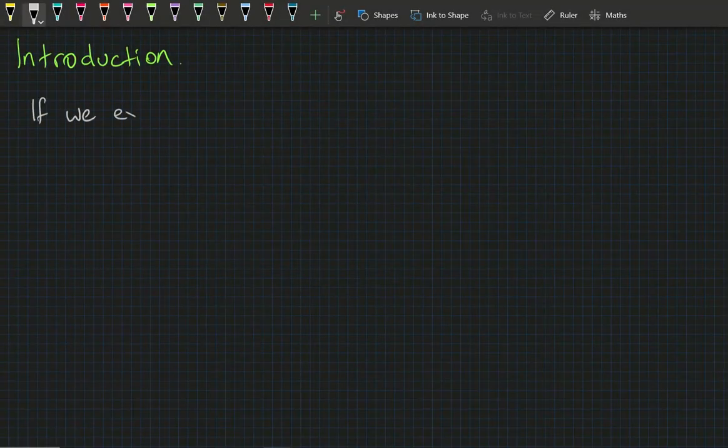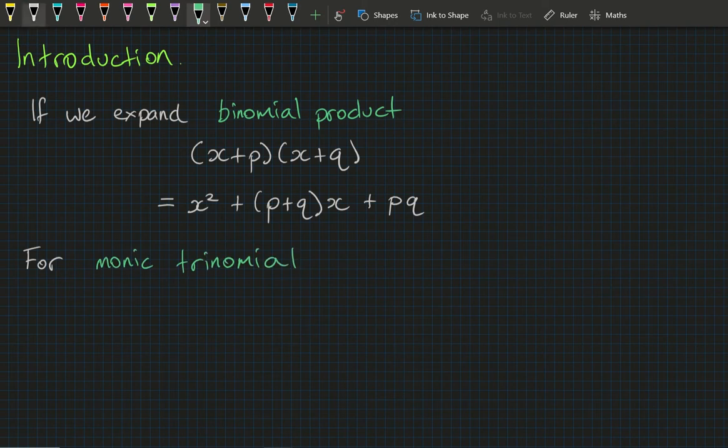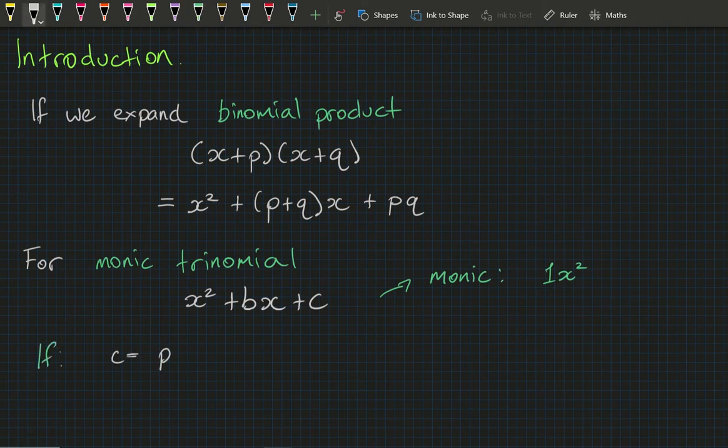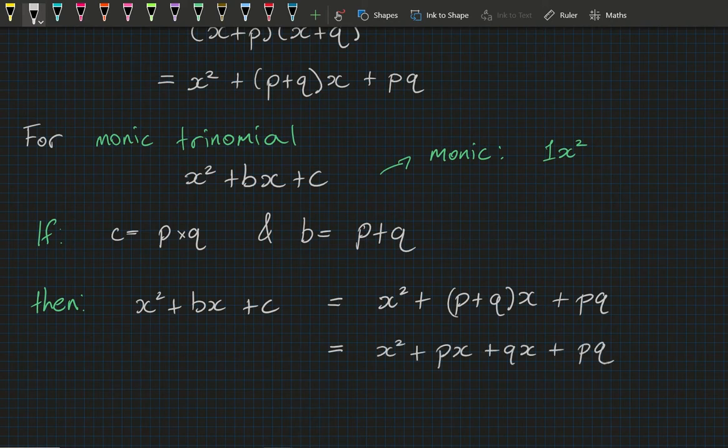We know that if we expand the binomial product (x plus p)(x plus q), we'll get x squared plus (p plus q)x plus pq. So for a monic trinomial, x squared plus bx plus c, and monic just means 1 times the x squared, if c was equal to pq and b was equal to p plus q, then our monic trinomial is equal to x squared plus (p plus q)x plus pq, which expanding those brackets gives us x squared plus px plus qx plus pq.